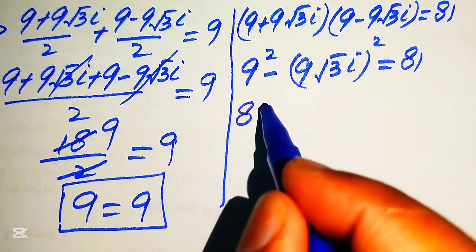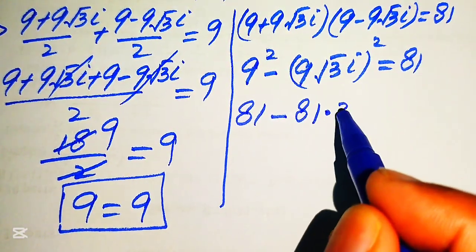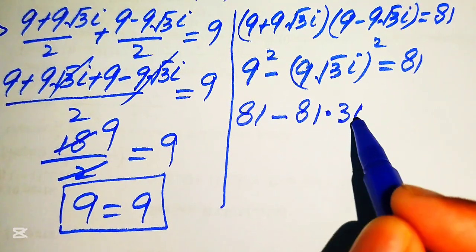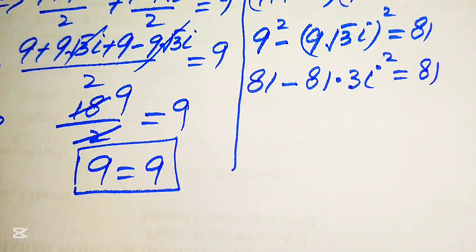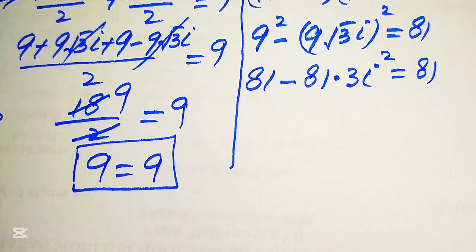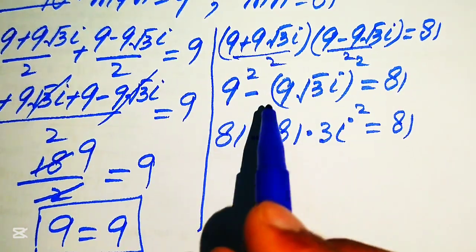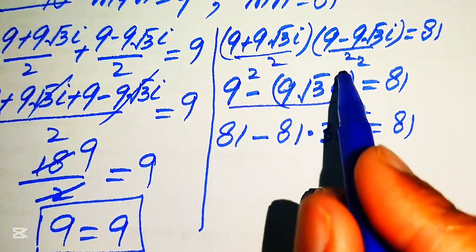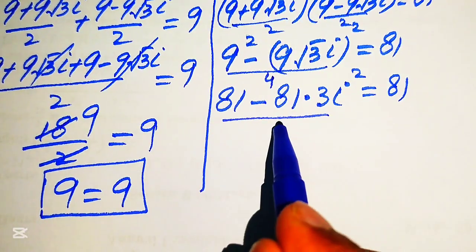So 9 squared is 81, and the square root of 3 squared becomes 3, and iota squared is iota squared. Sorry, here we have a little mistake. This is divided by 2, and this is also divided by 2. So here 2 times 2 becomes 4, and this is also divided by 4.